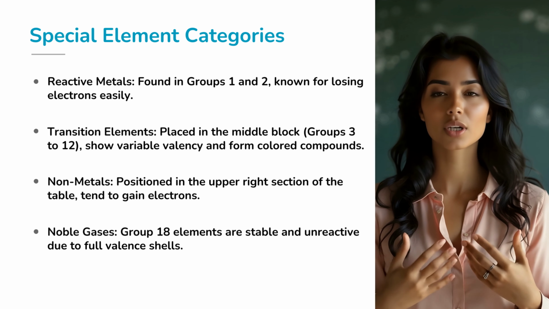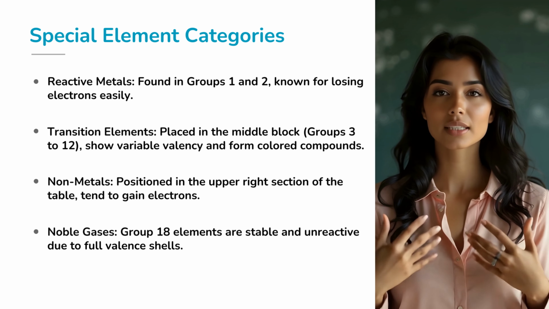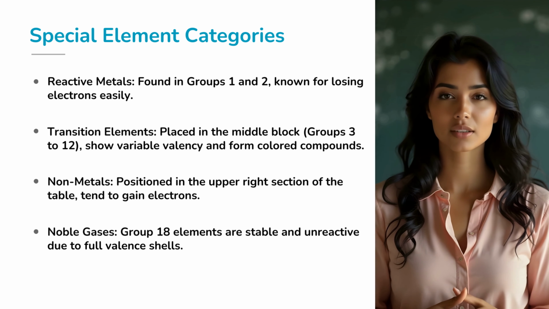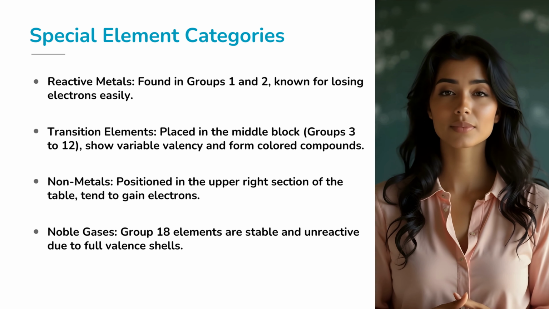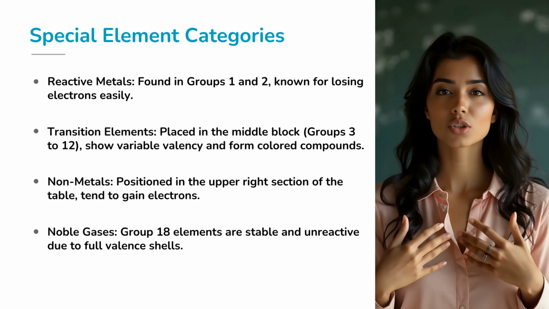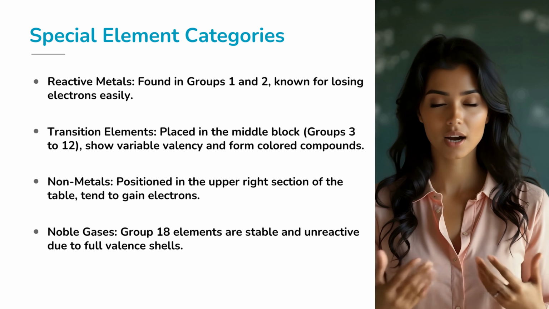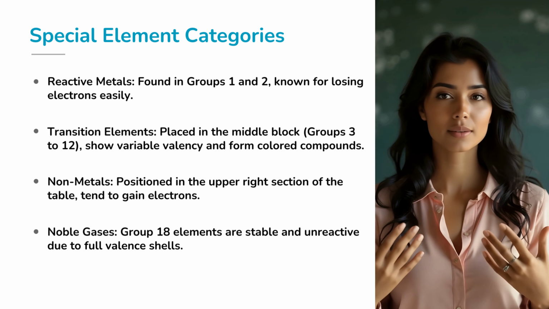They often form colored compounds and act as industrial catalysts. In the upper right corner, we see nonmetals like nitrogen and oxygen, which tend to gain electrons and form negative ions. And finally, the far right group 18, the noble gases like helium and argon, are chemically stable because their valence shells are already complete.